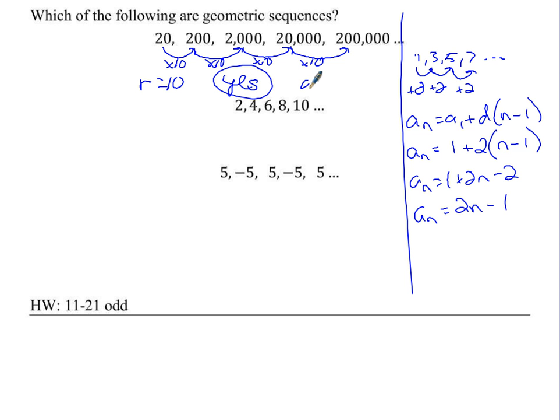It's a sub n equals a sub 1, which is the first term, which is 20, then times, I use parentheses, not a dot, the common ratio, which is r, so that's 10, and then the exponent is always n minus 1. And that's the equation for that geometric sequence. They're very easy to come up with. Even easier, really, than the arithmetic sequence, I think.